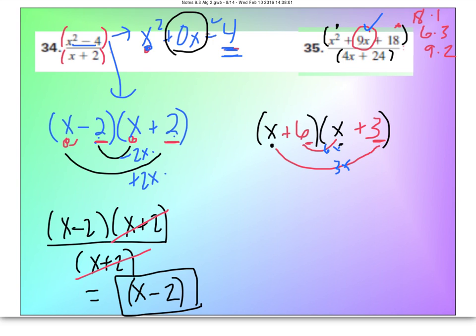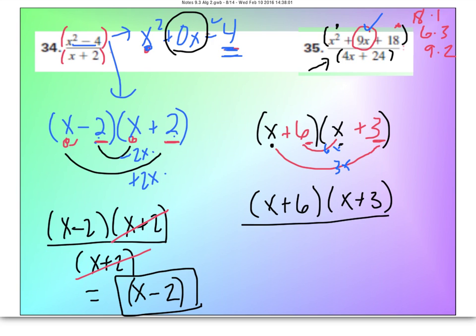Now to factor on the bottom, the only other thing you can do here is pull out a 4 from each thing. So let me just rewrite this so it's nice and clean. I'm going to show the clean factoring at the top, x plus 6 and x plus 3. Now to factor this bottom, you can factor out a 4.